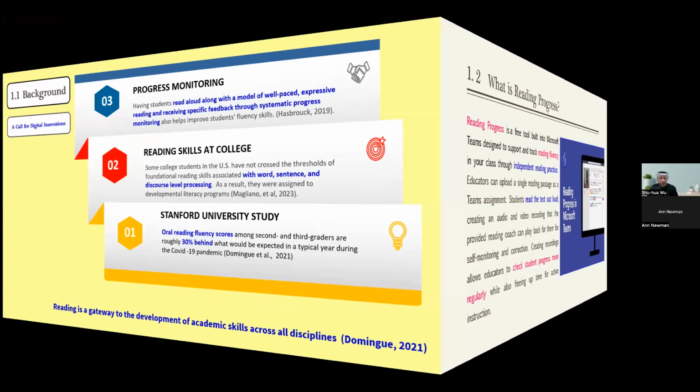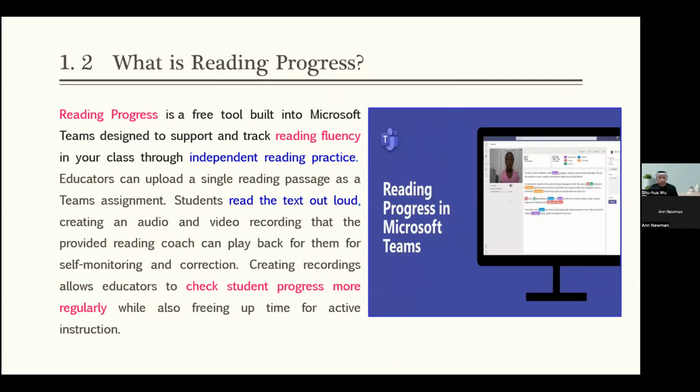So what is reading progress? Reading progress is a free tool, which means you don't need to pay any money to participate in this platform. It's built into Microsoft Teams from the assignments page. You have a pull-down menu and then you hit reading progress. Support and track reading fluency in your class through independent reading practice.